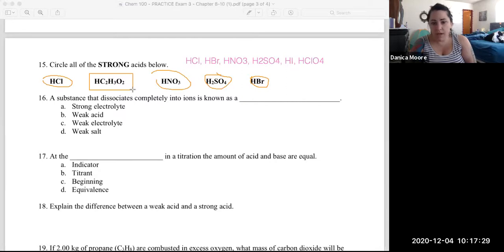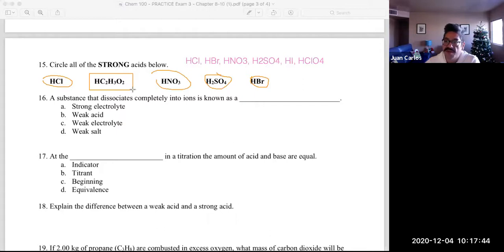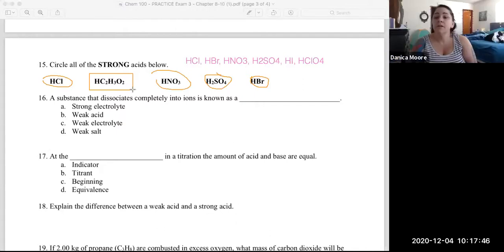Cool. And what's the difference between a strong acid and a weak acid, or a strong electrolyte and a weak electrolyte? Strong electrolytes dissociate completely. That's correct. So a strong acid or a strong electrolyte will dissociate 100% or completely, and a weak electrolyte or a weak acid will only partially dissociate.